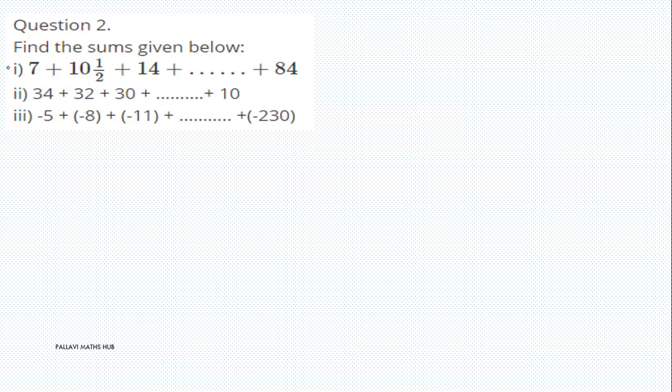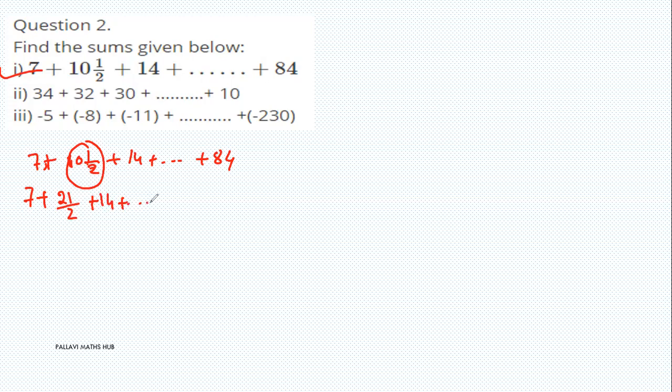First question is 7 plus 10 1 by 2 plus 14 plus dash dash dash plus 84. This is in mixed fraction, so write it as an improper fraction. 10 2s are 20 plus 1, 21 by 2, plus 14 plus dash dash dash plus 84.